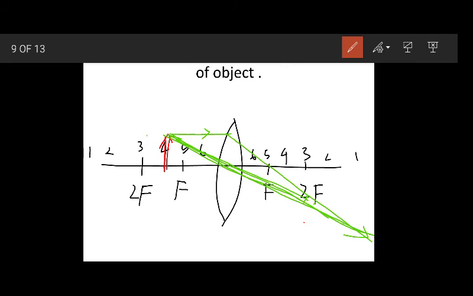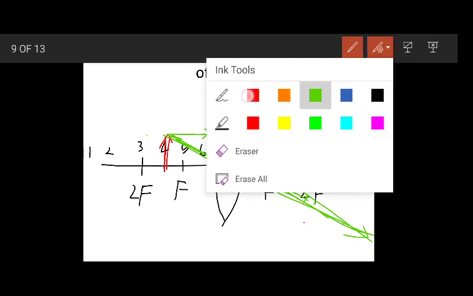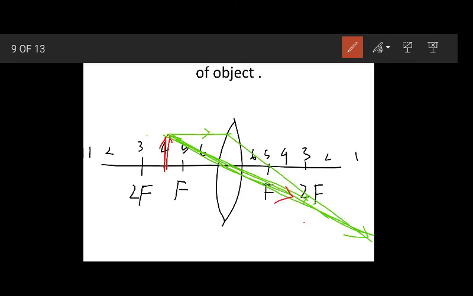So that is the meeting point. So the image will be formed here at position 2, I mean between infinity and 2f.